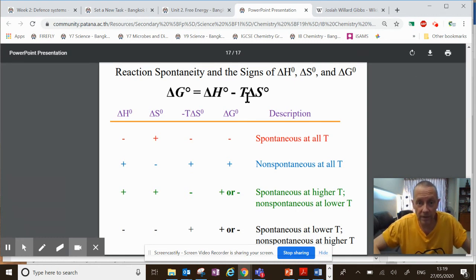And you can plug the temperature values into this equation to see if you get a positive or negative delta G. And then the question will ask you, what will happen to the spontaneity as the temperature is increased or decreased? Will it become more or less spontaneous? And it will depend upon the magnitude of these two terms.